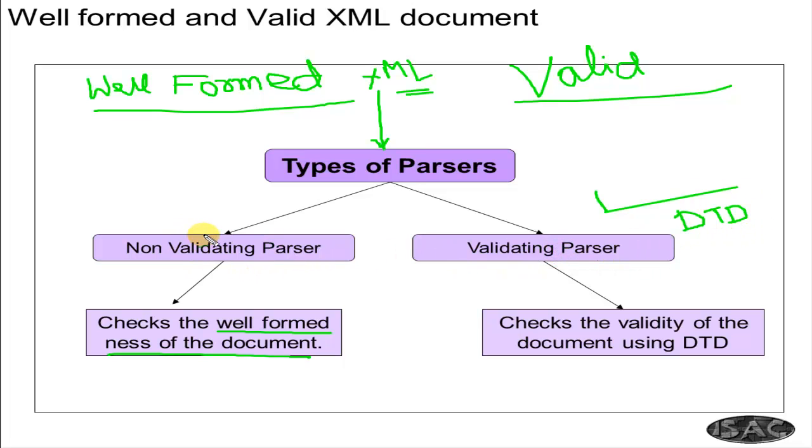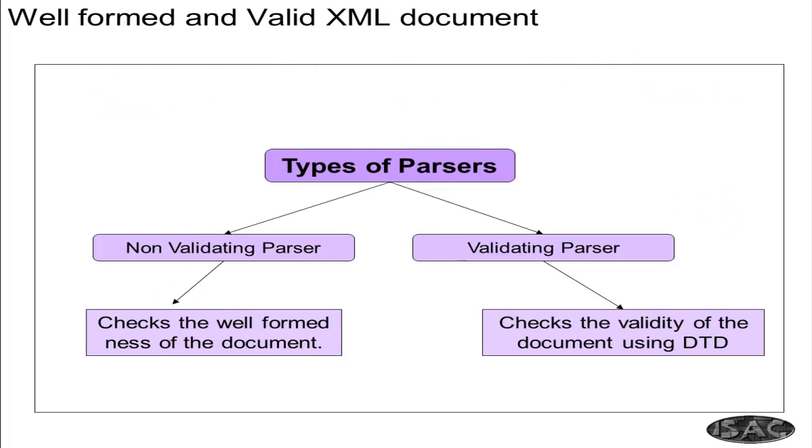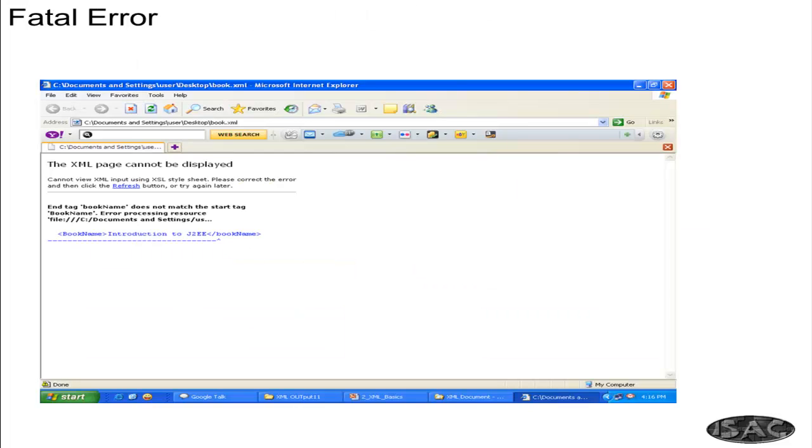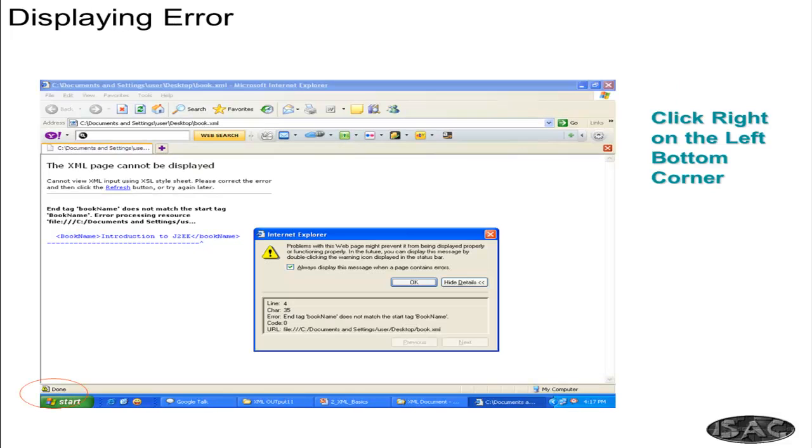If it is non-validating, it will just check the well-formedness of the document. And that's pretty much what there is to say about parsers. If there is any error, it will show on the Internet Explorer. Internet Explorer is generally one of the best browsers for XML viewing and everything, so you can use this one. Okay.